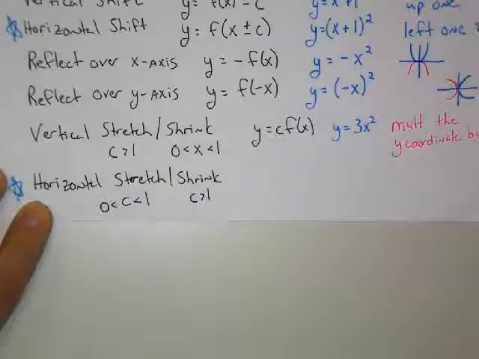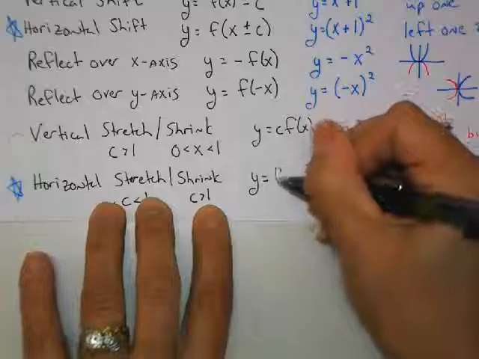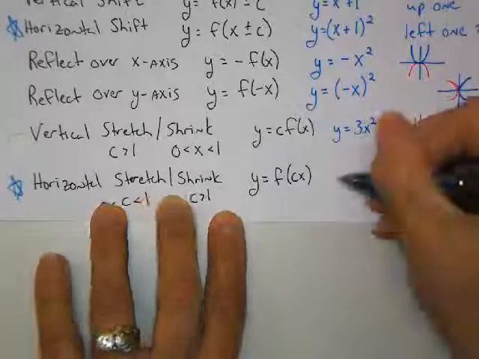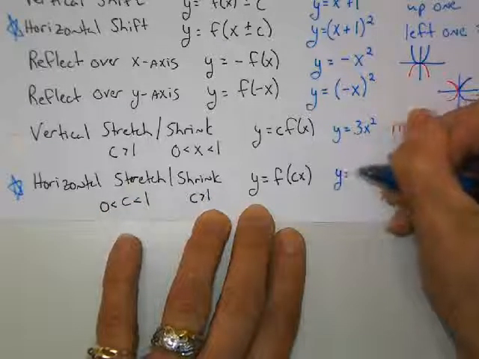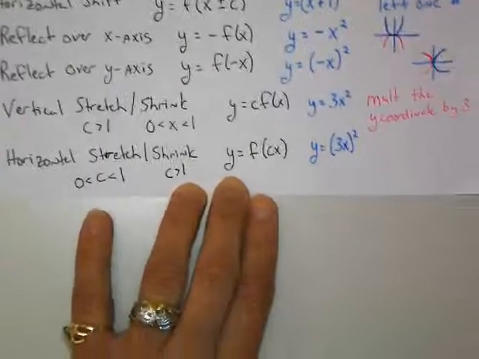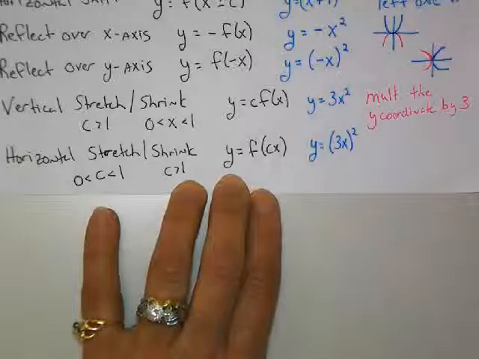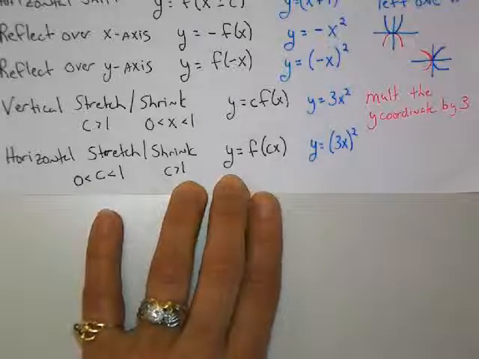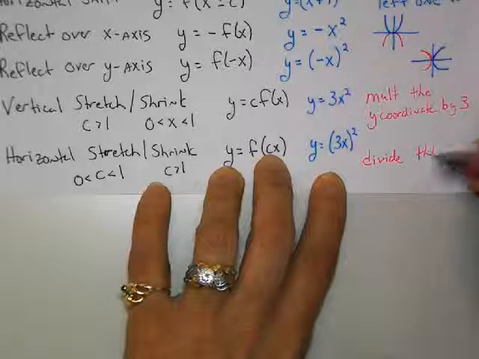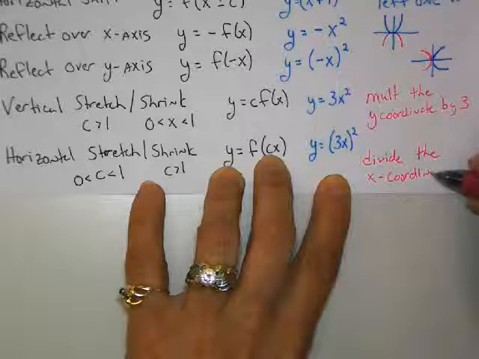What this is going to look like is y is equal to f of Cx, so y is equal to 3x quantity squared. Instead of multiplying, which is the nature of what we want to do if we're stretching or shrinking, you're going to divide the x coordinate by 3.